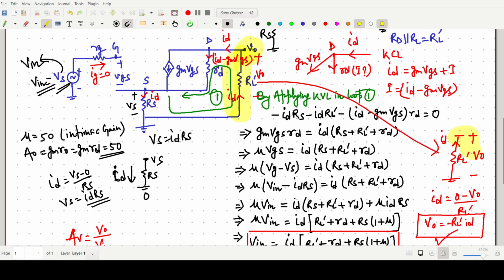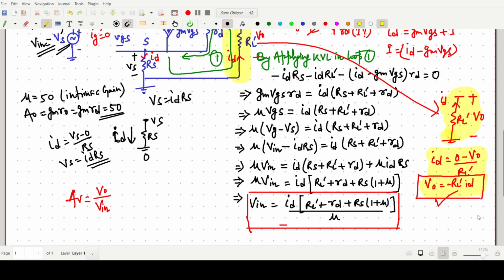This one is the plus V naught and RL dash, and ID equals 0 minus V naught by RL dash. So we can say V naught equals minus RL dash into ID. This is the simple theory.